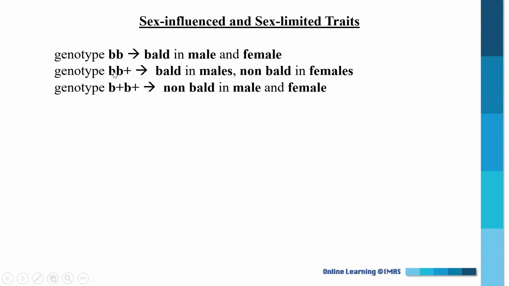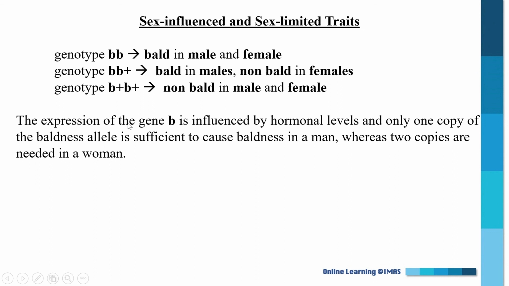If you are a male, the B will be dominant over the B plus, so the person will be bald. If you are a female, you don't have the male hormones, you don't have testosterone, so the B plus will be dominant over the B. So the female will not be bald.